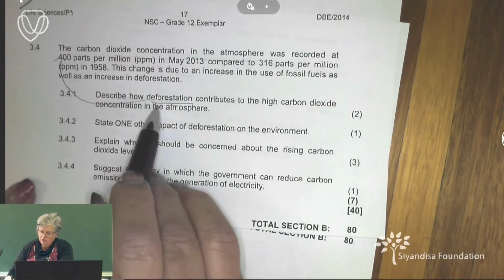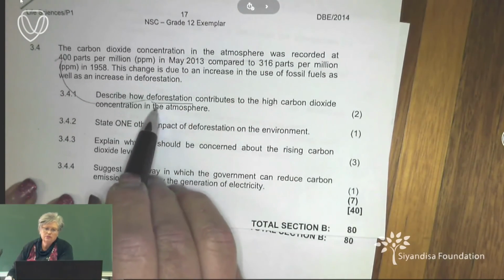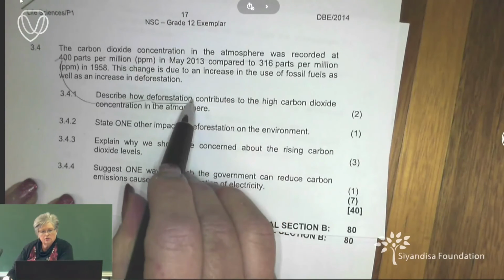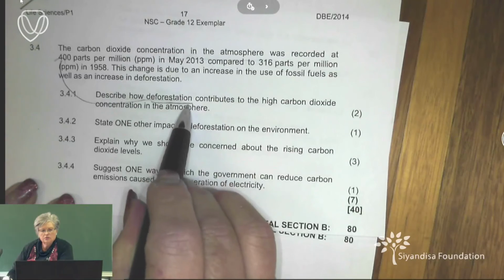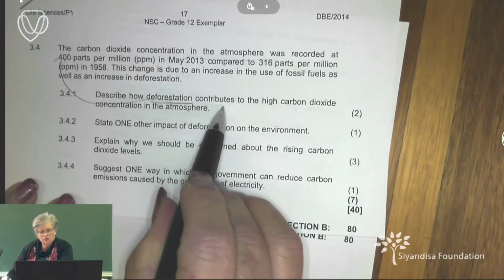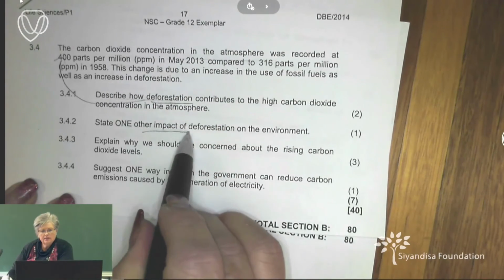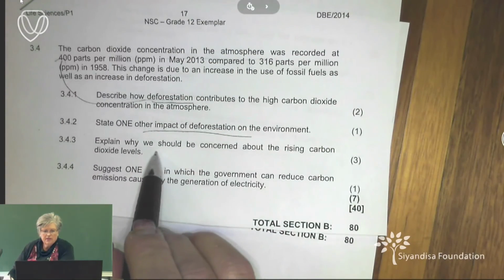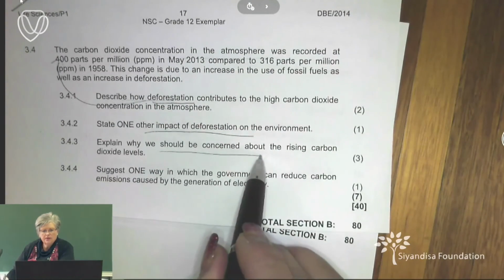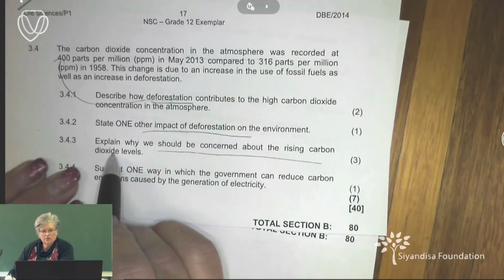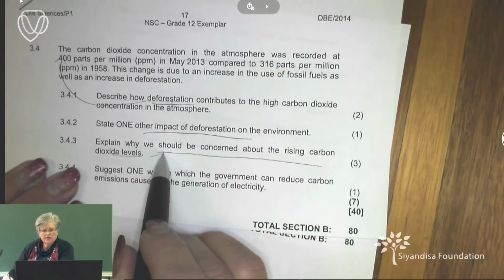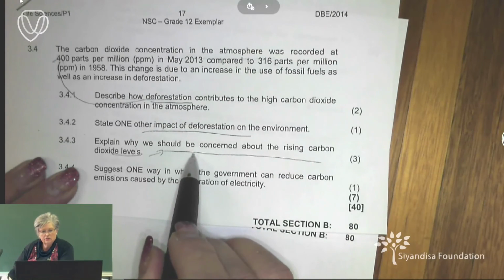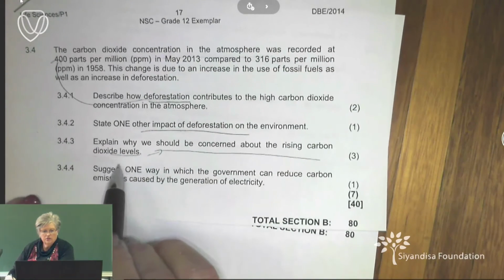Now deforestation, if we remove trees, we make more CO2 in the air because trees cannot convert carbon dioxide to oxygen. One other impact of deforestation, right? It destroys habitats. Explain why we should be concerned about the rising carbon dioxide levels. So that it leads to temperature changes, and that leads to the greenhouse effect. So all in that first one.